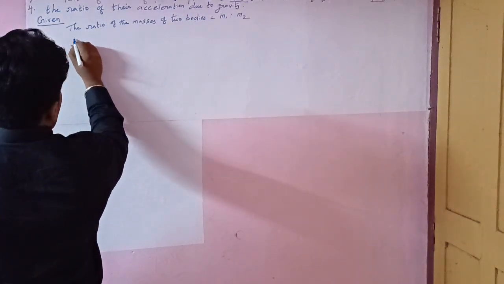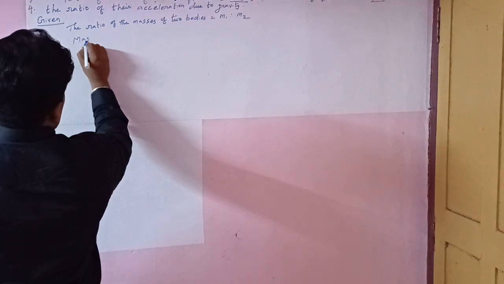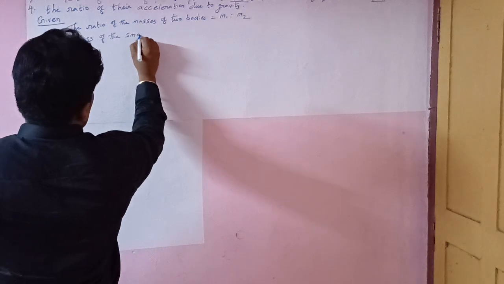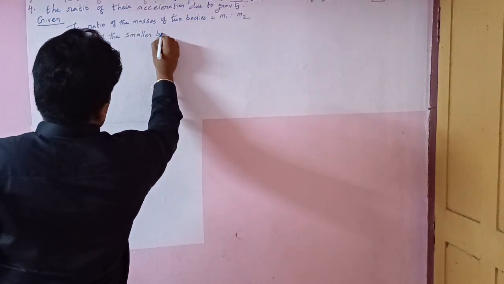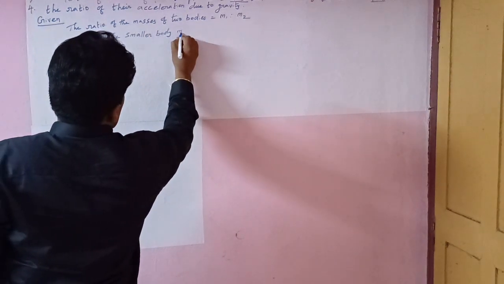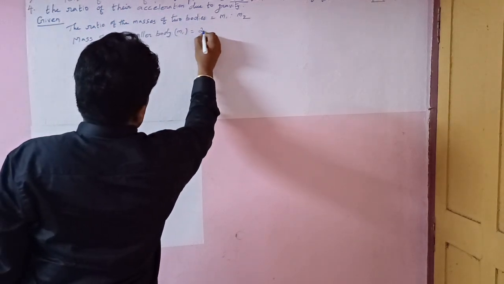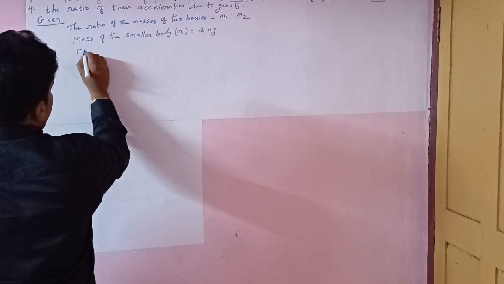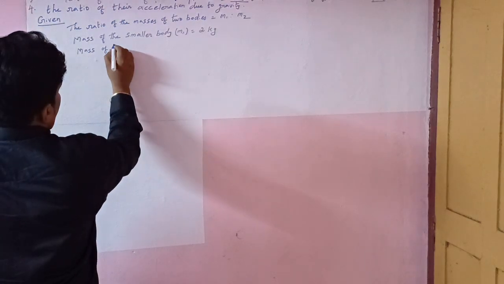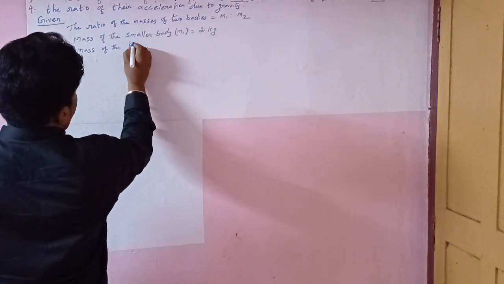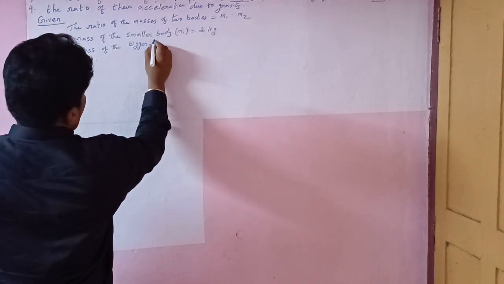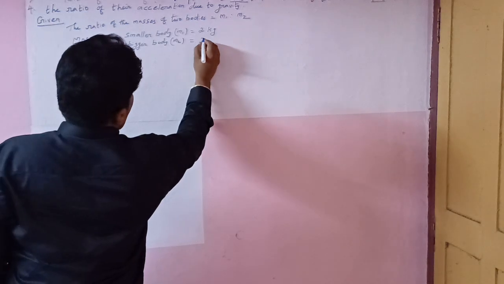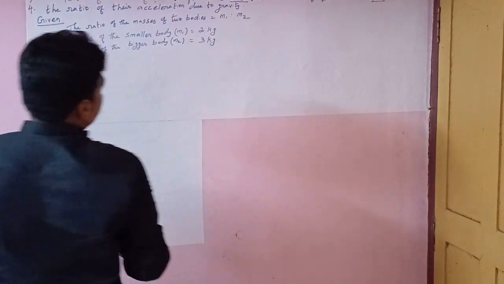So the mass of the smaller body, m1, equal to 2 kilogram. The mass of the bigger body, m2, equal to 3 kilogram.